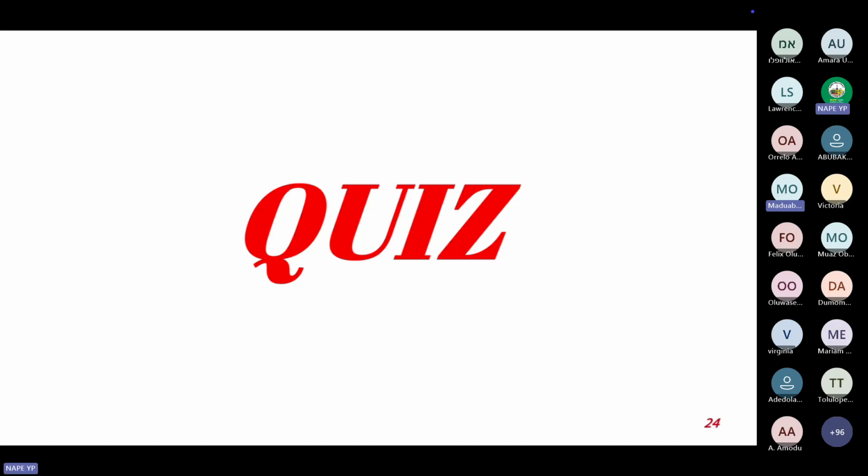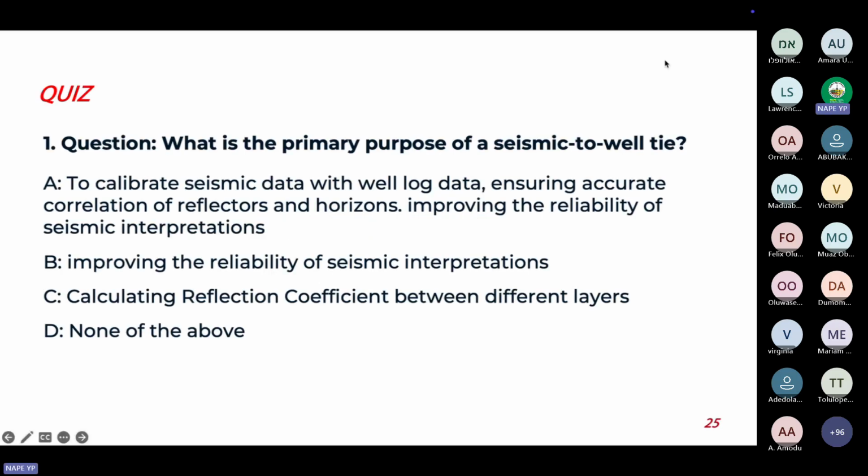Wow. So all right, let's go ahead now. Question 1. Amazing. The answers are coming up. What is the primary purpose of a seismic-to-well tie?